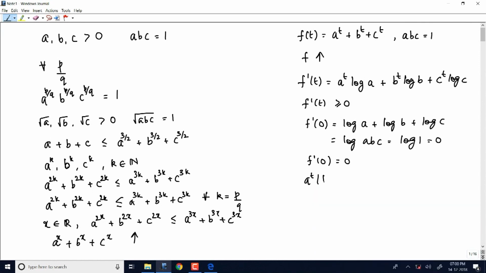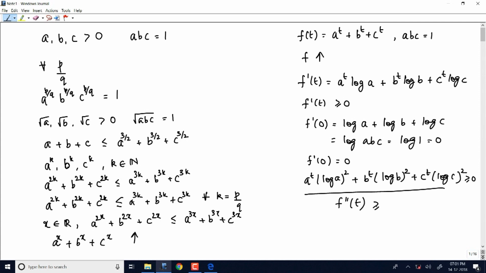For example, you can take a raised to t into log a whole square plus b raised to t into log b whole square plus c raised to t into log c whole square, and that is greater than or equal to 0. Yes, of course. But Santi, look at the last expression. That is nothing but the second derivative of f at t, and this is bigger than or equal to 0. Therefore, we have that the first derivative of f is an increasing function on R.